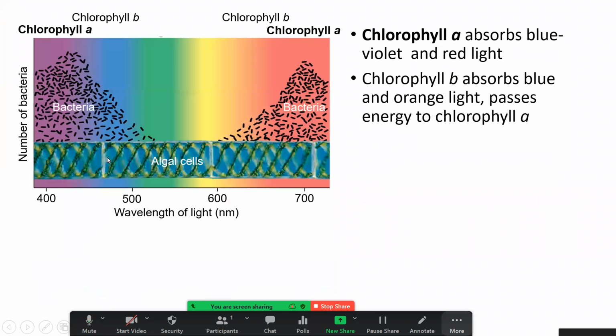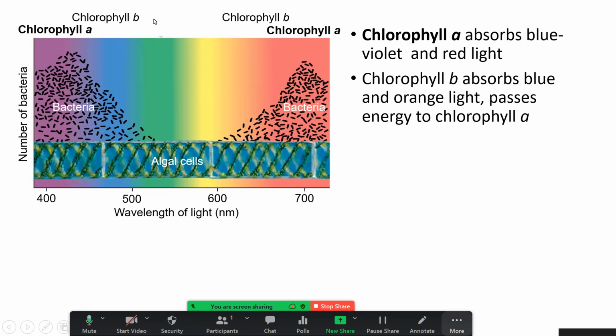All right, so the pigments that actually absorb these different colors, the two main pigments, there's actually two kinds of chlorophyll. I know you've heard of chlorophyll, the green pigment. There's actually two kinds, A and B. Chlorophyll A is the primary pigment, and you can see it absorbs at the violet range, less in the blue range, and over here in the red range.